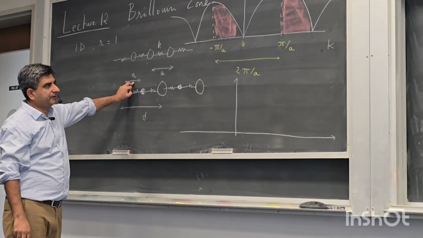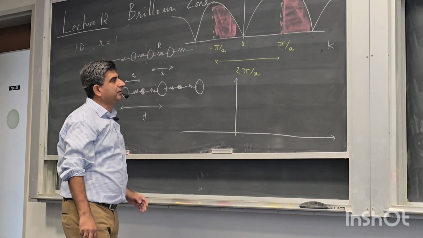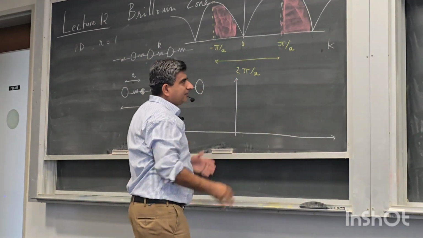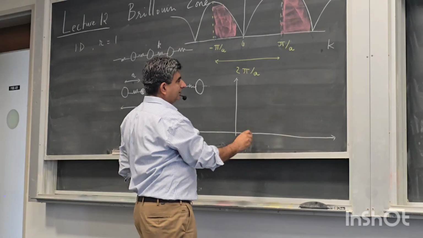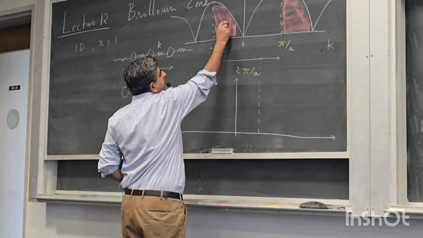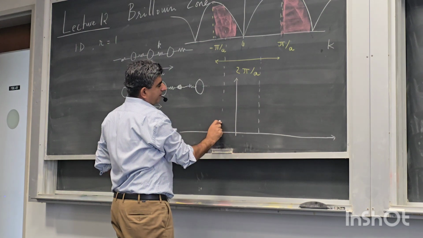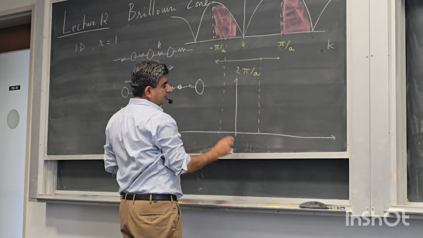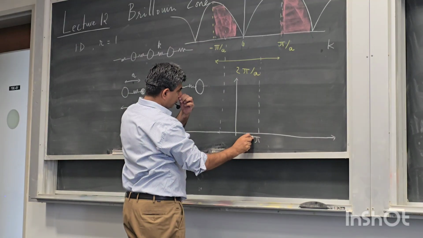Which means that if I were to use the same scale for this k axis between these two graphs, I will again get periodicity, but now the period is 2 pi over d.